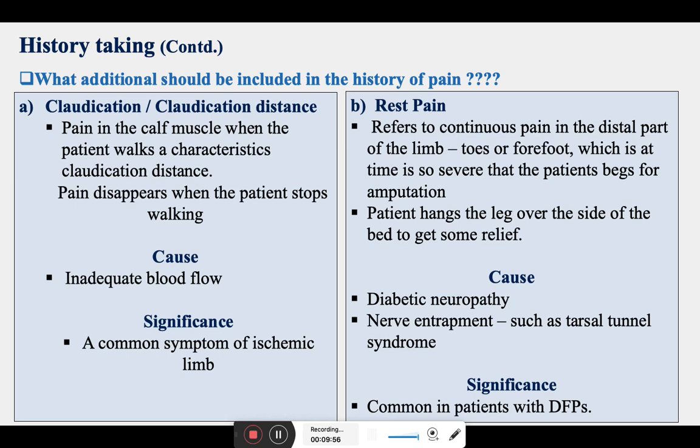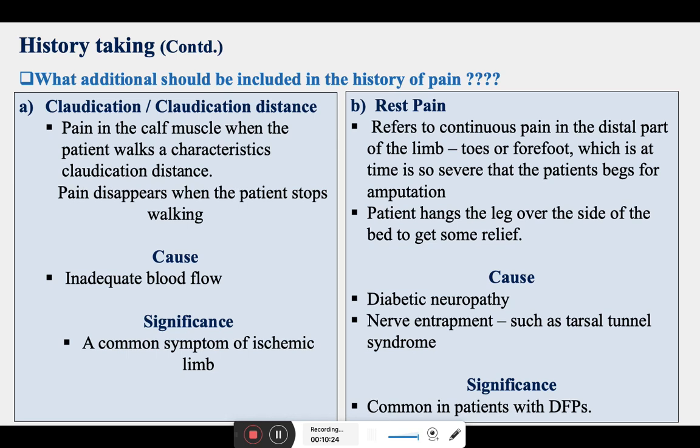Coming to rest pain, now the patient says when he lies down, sometimes he has shooting pain in the legs. Now, what is the principle behind it? The principle is when a patient lies down, the overall blood pressure decreases. So, once the blood pressure decreases, there is further decrease in the pressure in the legs.